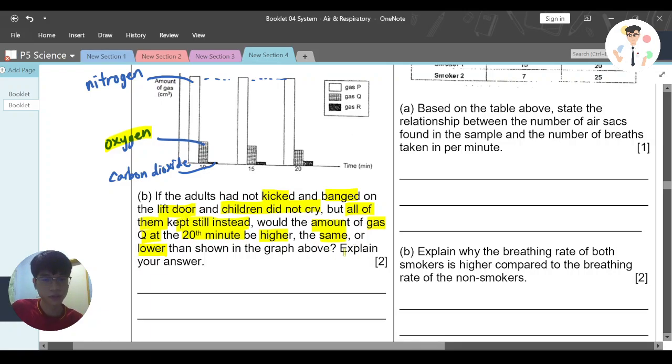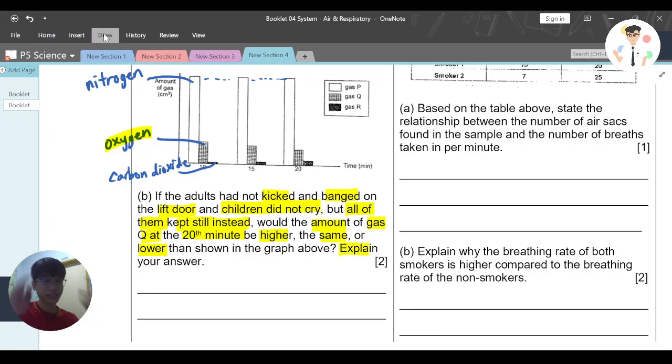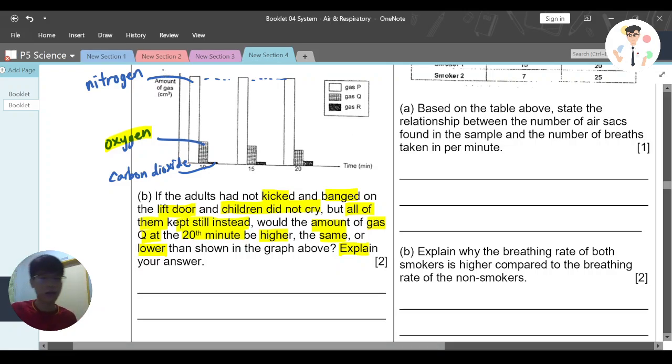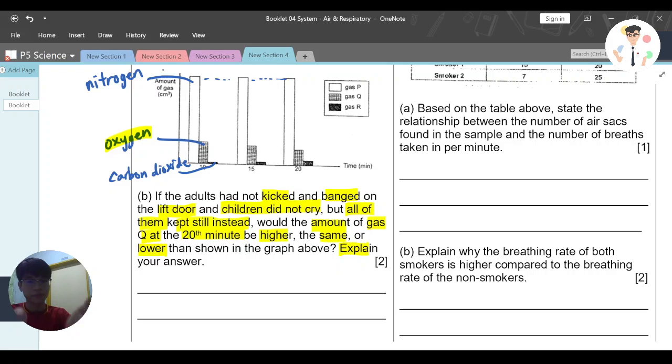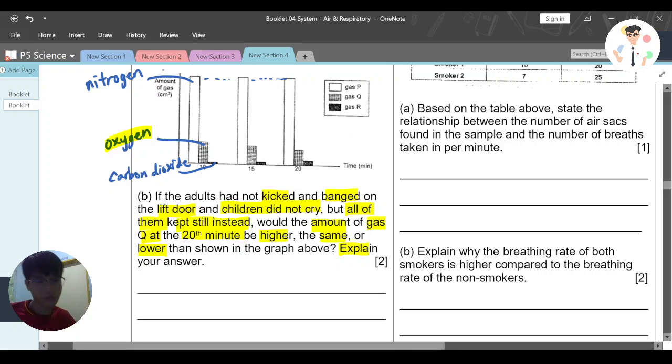Explain your answer. So basically it means that in this situation, the adults are banging, kicking, and the children are crying, and this is the amount of oxygen left. But if there's a second scenario where the same people just sit still and the children don't cry, if we compare, will the amount of oxygen be higher, the same, or lower?